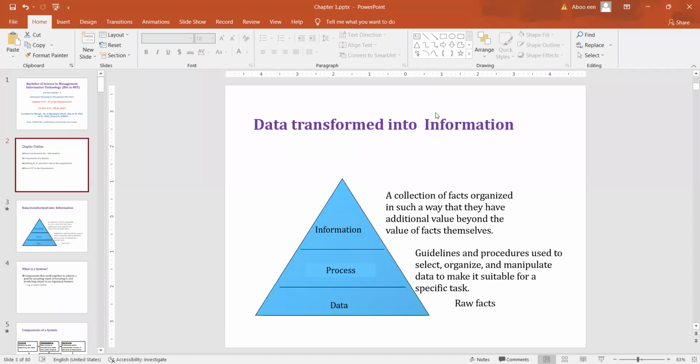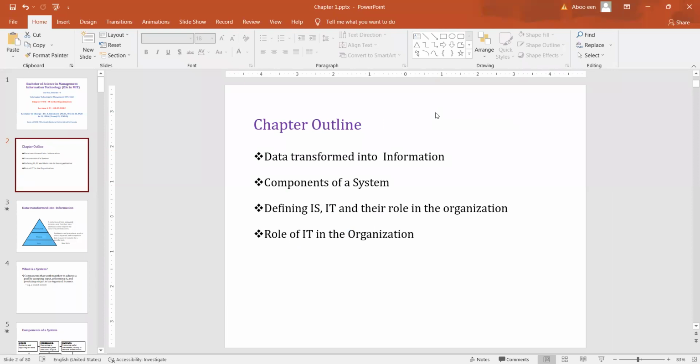So what is data? Any idea? Collection of information is the data. Collection of raw facts. No, collection of information is not data. Any other idea?